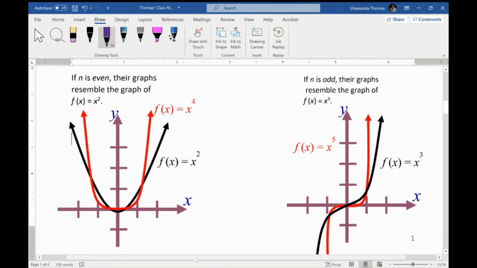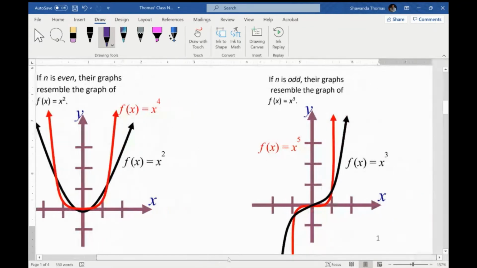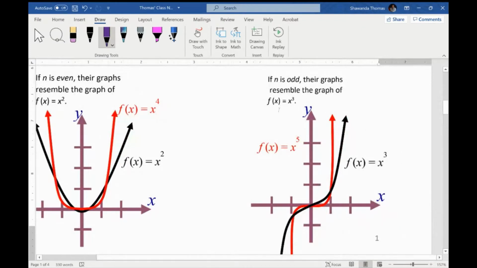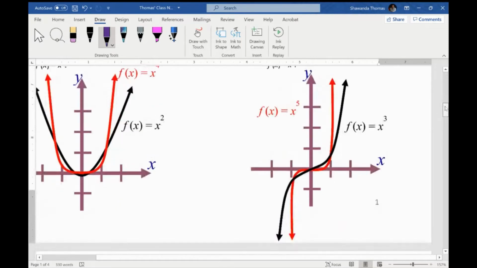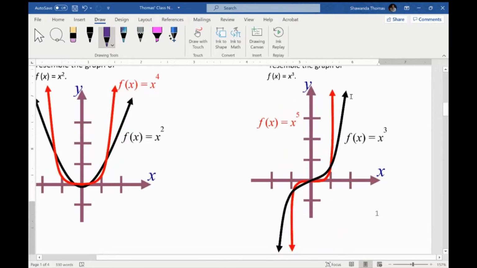All right, let's move over to the right. If n is odd, their graphs resemble the graph of f of x equals x cubed, which is known as what type of function? Cubic. Cubic function. So we have the parent function here, f of x equals x cubed. You're used to that parent function from some sections ago.